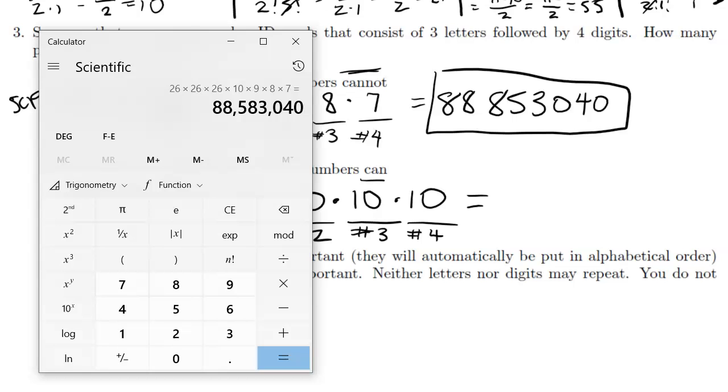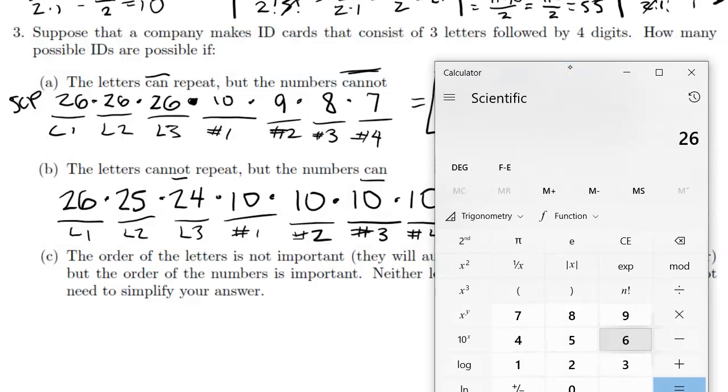So now we've got 26 times 25 times 24 times 10, 10, 10, and a fourth 10. So we get 156 million for that one.